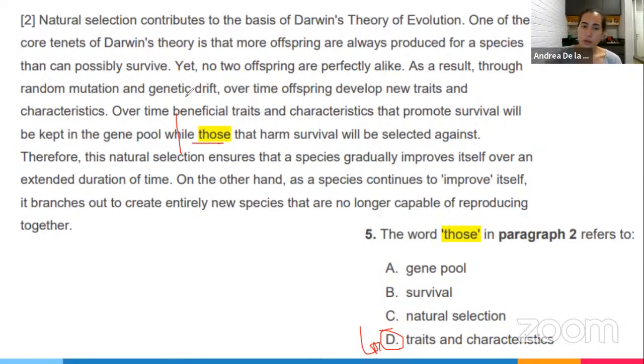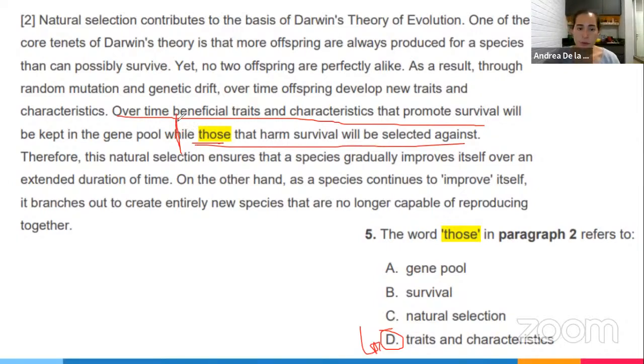There are clues in the reading specifically. So here this "while" is telling us that we have contrast. So this thing that was mentioned before the word "while" is the opposite of what is mentioned after the word "while," right? And this word is a connector.